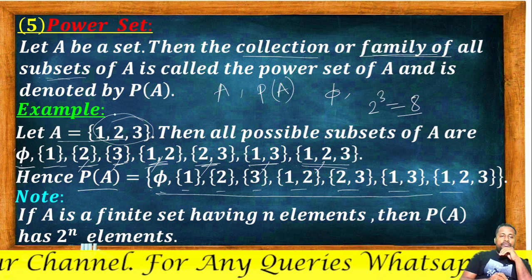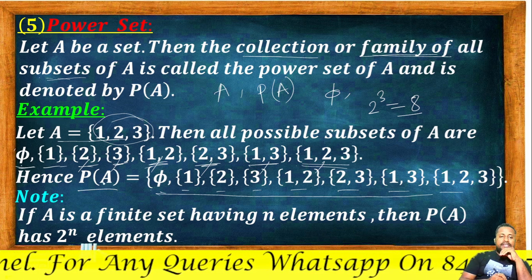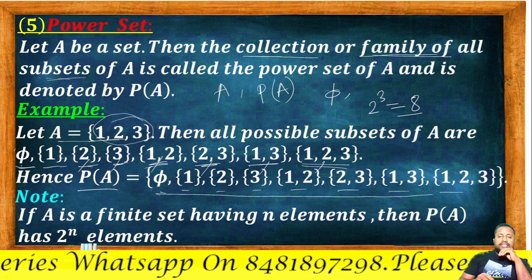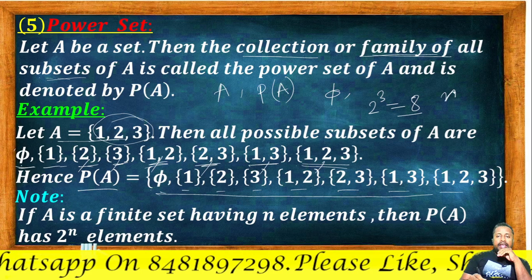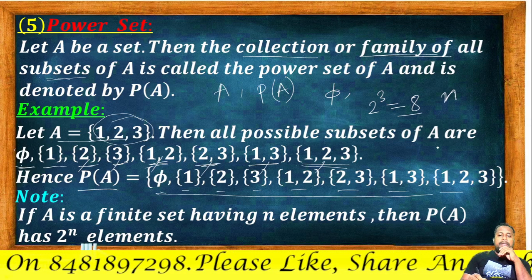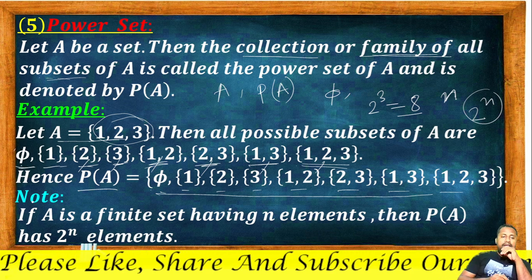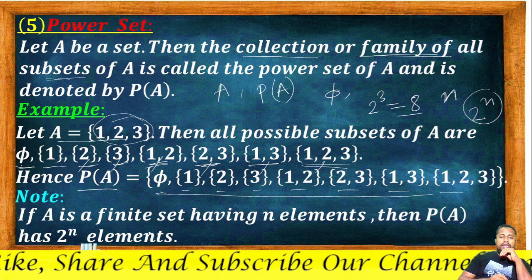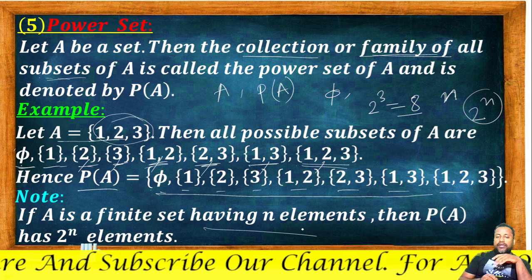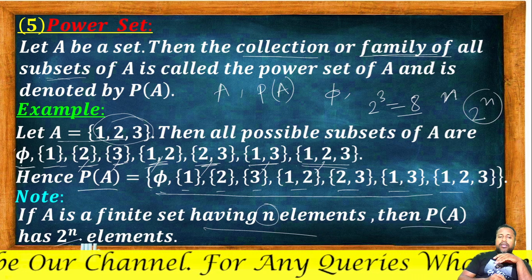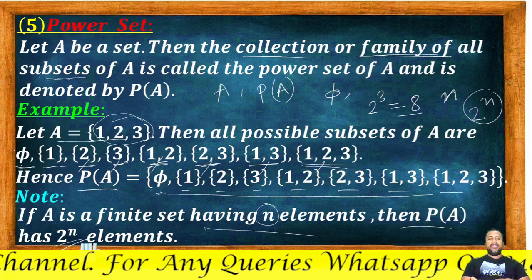So for any set A which consists of n elements, its power set contains 2 to the power n elements. And here in the note I have written that if A is a finite set having n elements, then its power set P(A) contains 2 to the power n elements.